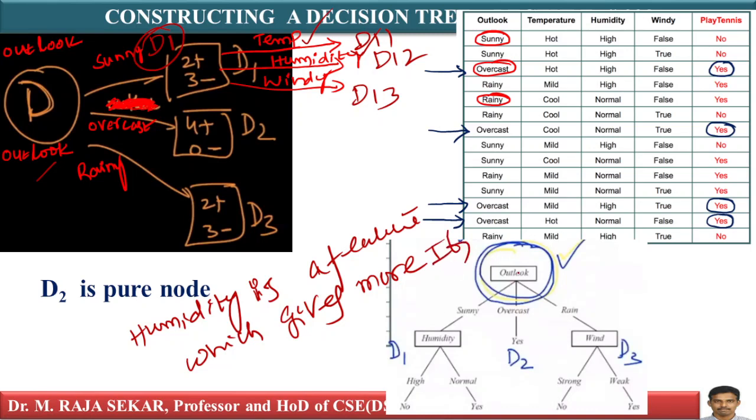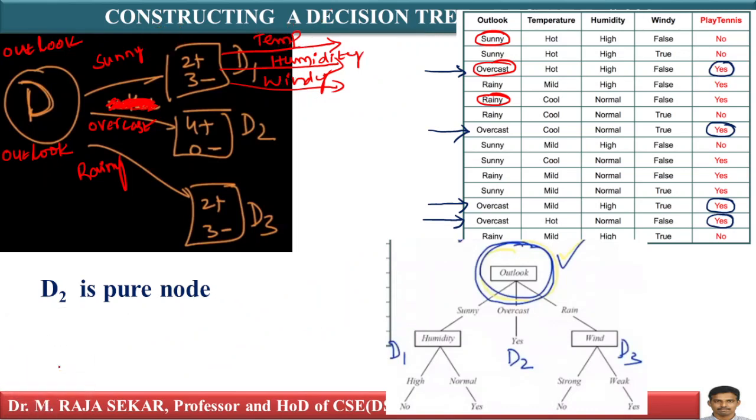If I split data set D1 by using temperature, humidity, windy, temperature and windy will get less information gain values. Therefore, I must choose humidity as the feature here, isn't it? Now, what you have to do? Just see, in the second data set D2, what happens? The second data set, anyway, it's a pure node, isn't it?